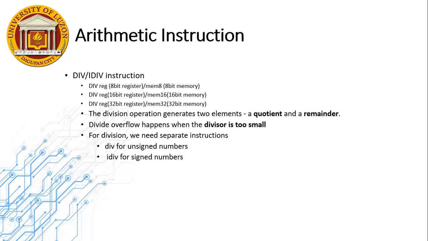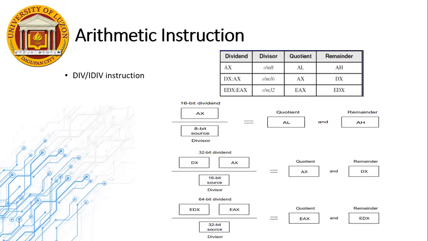So, as mentioned, it's almost the same as the MUL instruction. There is DIV for unsigned numbers and IDIV for signed numbers. Below, you can see in the right portion of your screen a diagram, and the upper area is the simplified one.